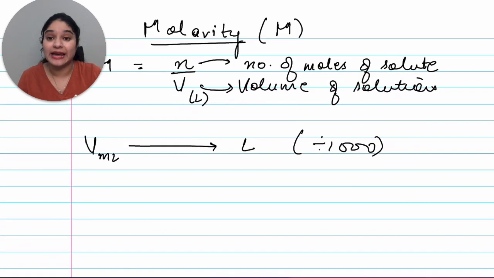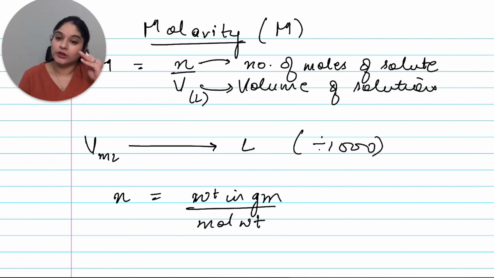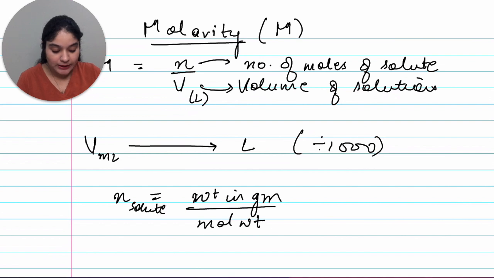Now what is n? What is the formula for number of moles? So n was equal to weight in grams over molecular weight. And of what? If you're calculating number of moles of solute, then you do the same thing for both of them as solute.